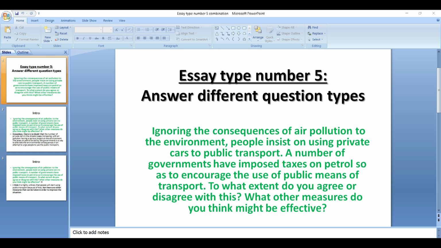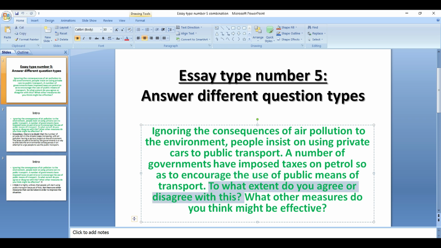So, as you can see, it is a combination here, and we get that firstly from the questions. The first question we have is, to what extent do you agree or disagree with this, which tells us that it is a present and justify an opinion type of essay. And the other question we get here is, what other measures do you think might be effective, which again tells us that this is a causes and solutions type of essay.